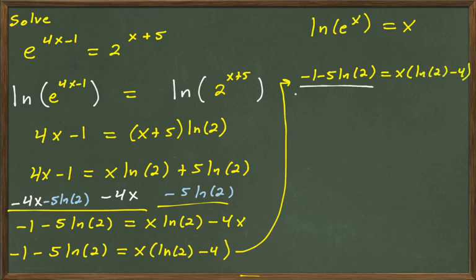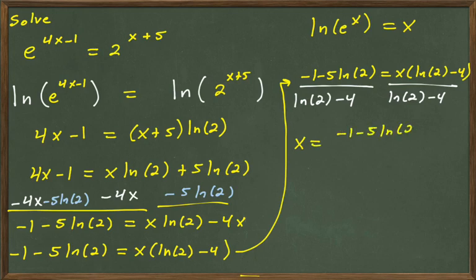And then we'll divide both sides by the natural log of 2 minus 4. So x is equal to negative 1 minus 5 natural log of 2 divided by the natural log of 2 minus 4.